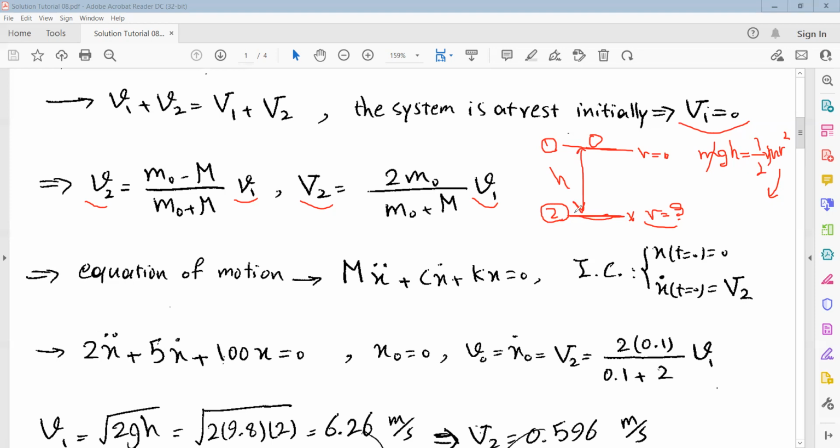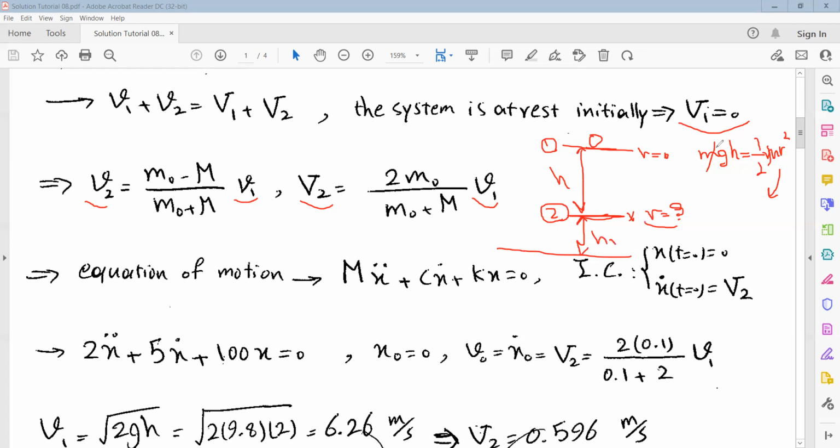The datum level is in your hand, just a reminder in case you cannot remember what happens here. You can assume, for example, that the datum level is here, and this distance is, for example, h1.